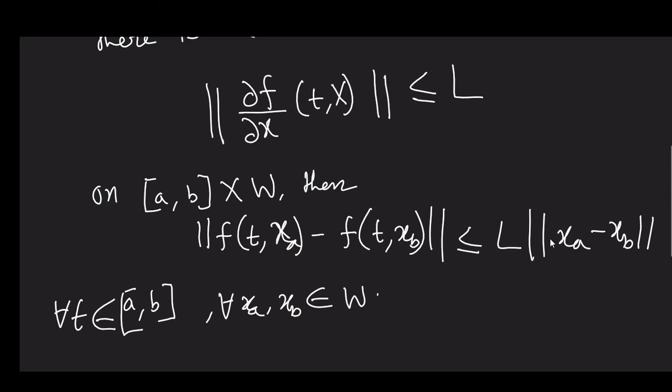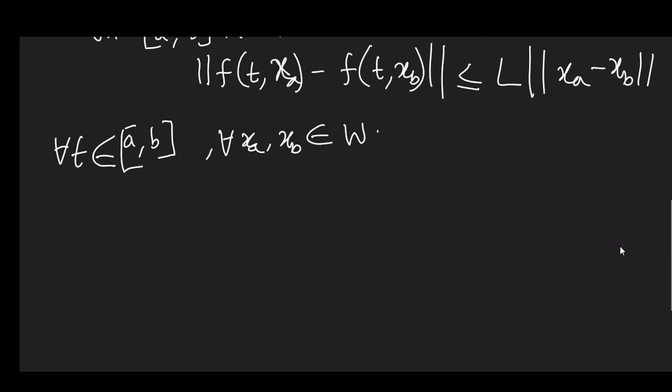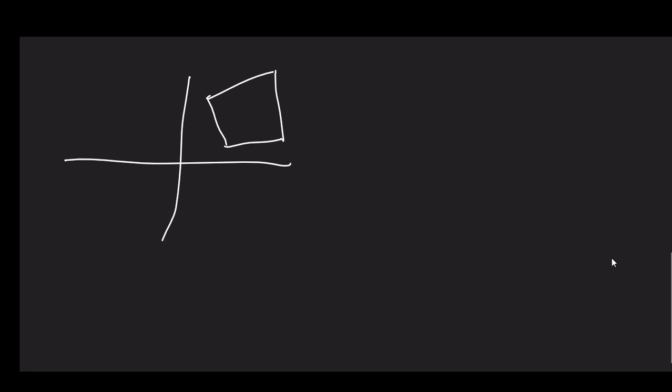First of all, let us understand what a convex subset is. Let us consider a two-dimensional plane here. This kind of shape is a convex subset of this plane. Why? Because if you pick any two points, the line that joins those points also lies in that subset.